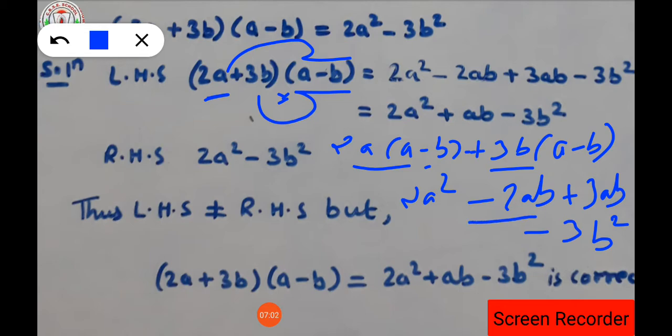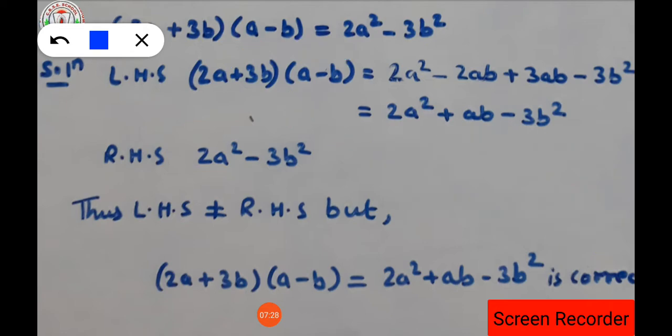Now this minus 2ab plus 3ab can be solved, because it has the same variable with the power as 1. How much will it be? It will be ab itself. Since 3 is greater than 2, a positive sign will come in the answer. So the required answer is 2a² + ab - 3b².